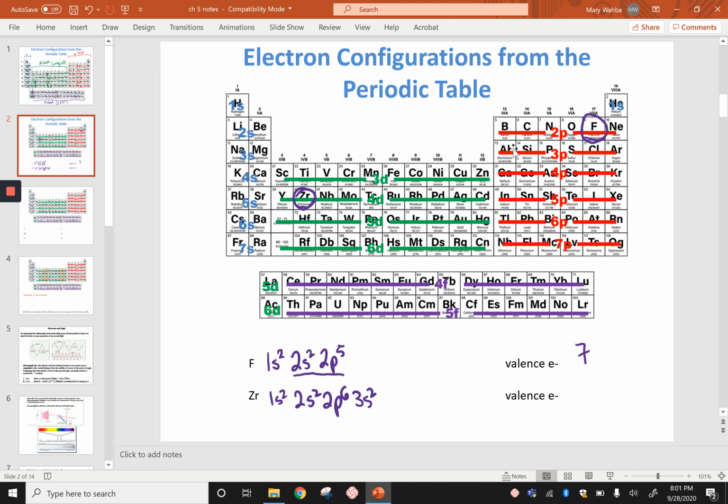Then we see 3p, and there's 6 boxes. And then we see 4s2. Then there's 3d10, and then 4p6, then 5s2, and then finally 4d2.